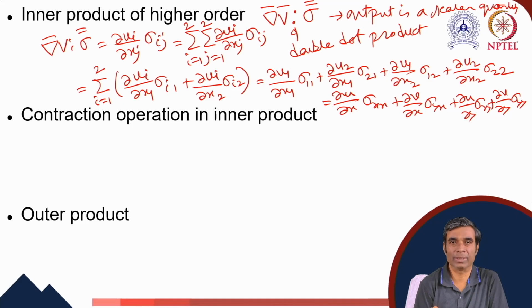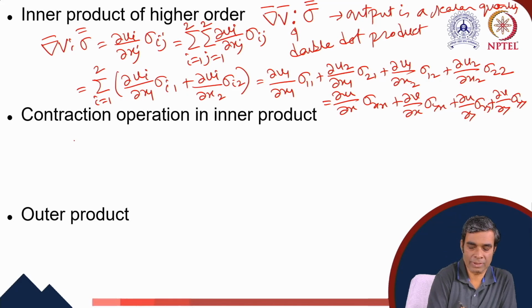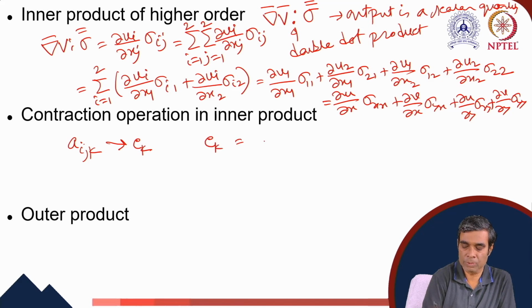The contraction operation is one kind of operation where a third order tensor reduces its order by 2 and becomes a first order tensor. Consider a third order tensor aijk. By performing the contraction operation, it can be reduced to a vector ck. So we say that ck equals delta ij aijk.